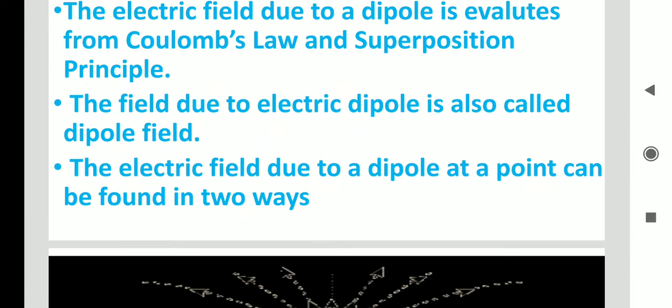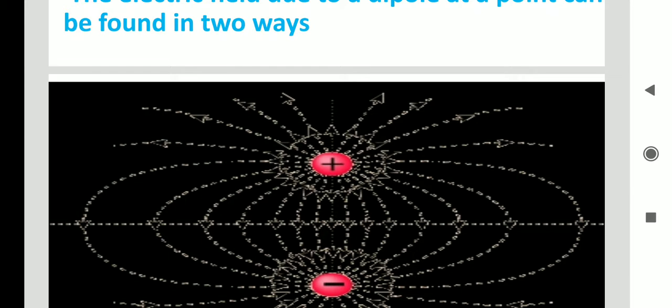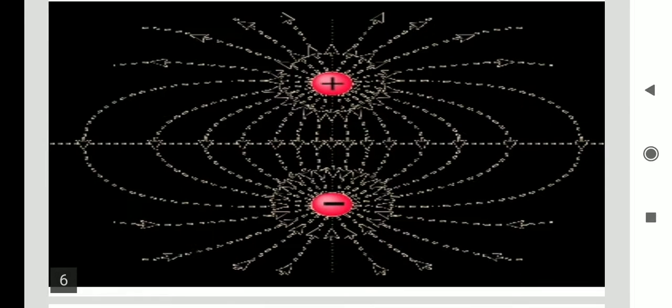The electric field due to a dipole at a point can be found in two ways. Positive and negative charges are separated by a certain distance.